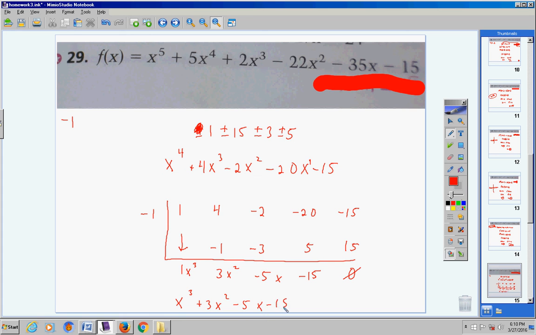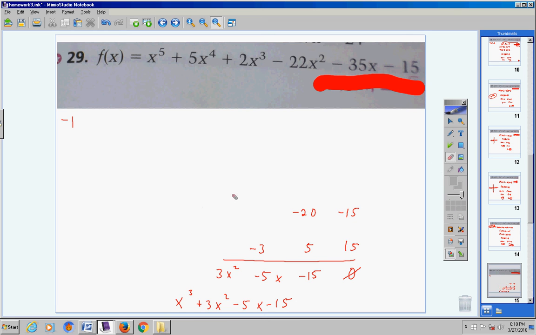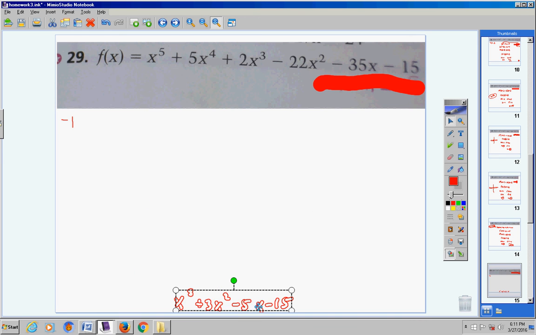Now maybe we can factor that. I'm going to go ahead and tell you now that we can factor that. I can see already we're going to be able to factor that. So that's great news. So we have taken, look at this guys, we have taken this 5th degree polynomial function right here. And now we've broken it all the way down to a 3rd degree polynomial function.